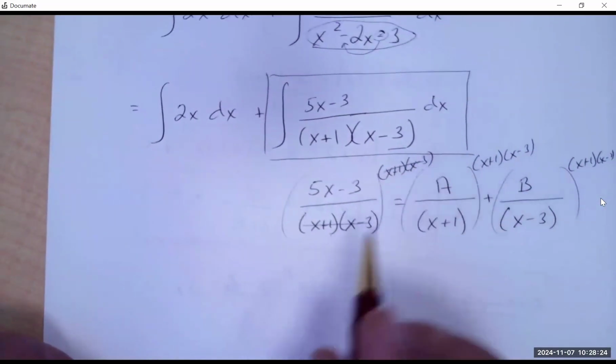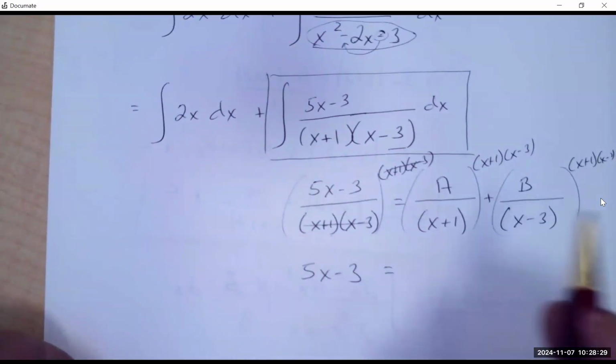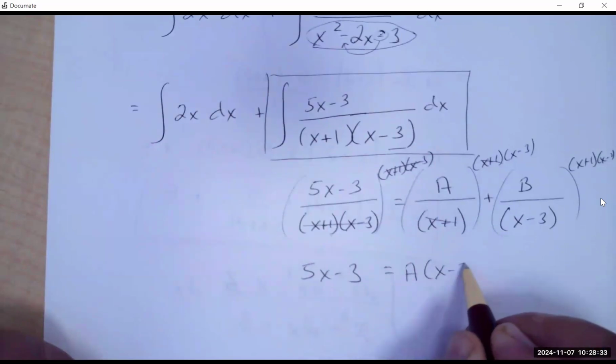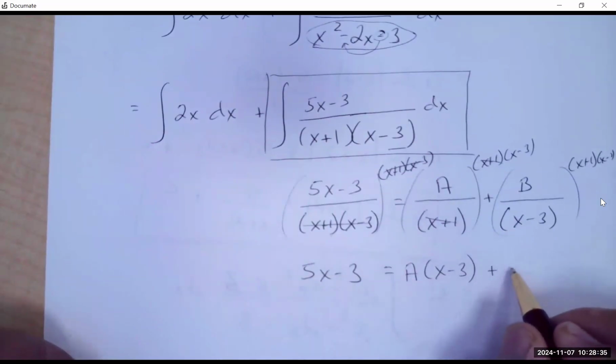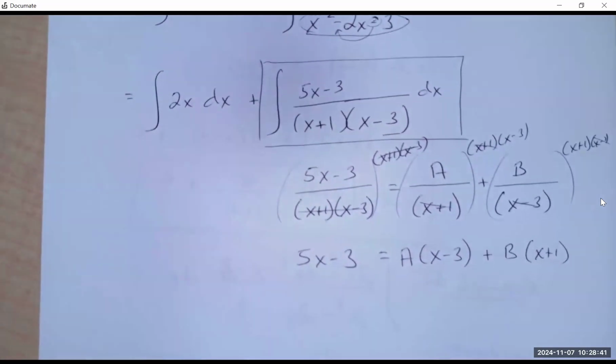So those cancel. So we have 5x minus 3. The x plus 1's cancel, so we have A(x minus 3) plus B(x plus 1).